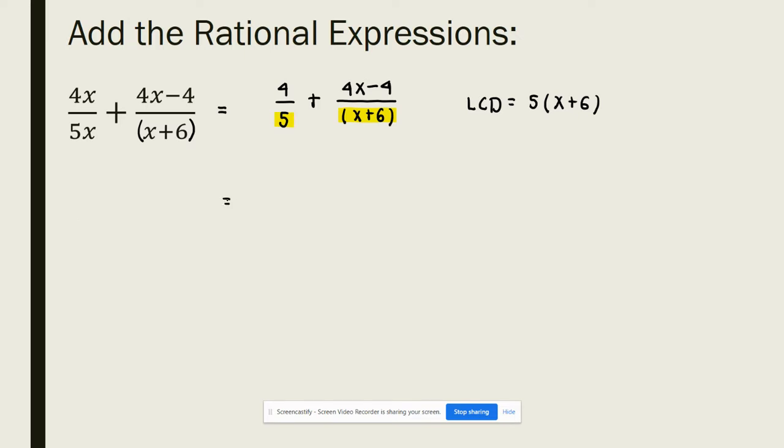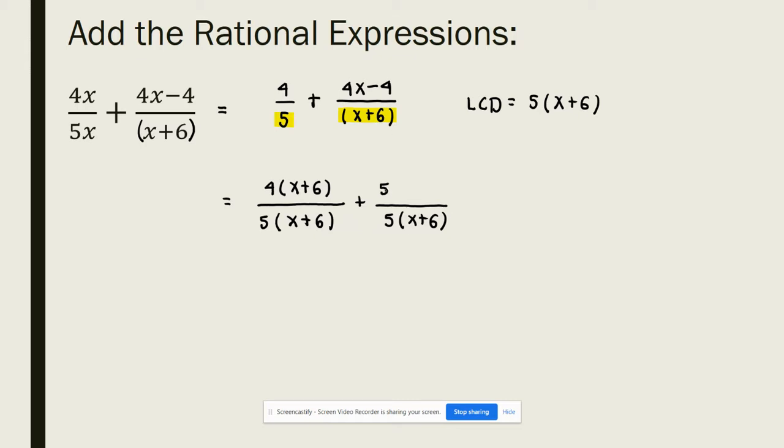So notice that I have my new common denominator of 5 times x plus 6. If you look at the first fraction, well, what was missing from my denominator? It was an x plus 6. So that numerator of 4 also has to get multiplied by x plus 6. If I look at my second original denominator and what my LCD is, it's missing a 5.